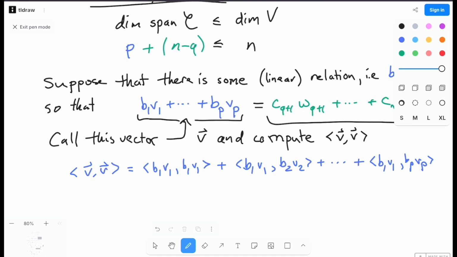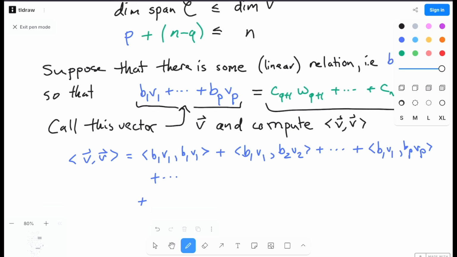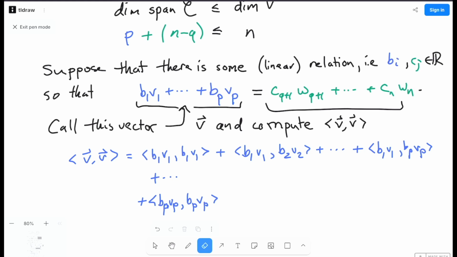And then plus some other stuff, right? And then plus b_P times (b_P, v_P). Okay, we can pull out the b_i's, right? So let me just do that. Let me start off by pulling out these b_i's.